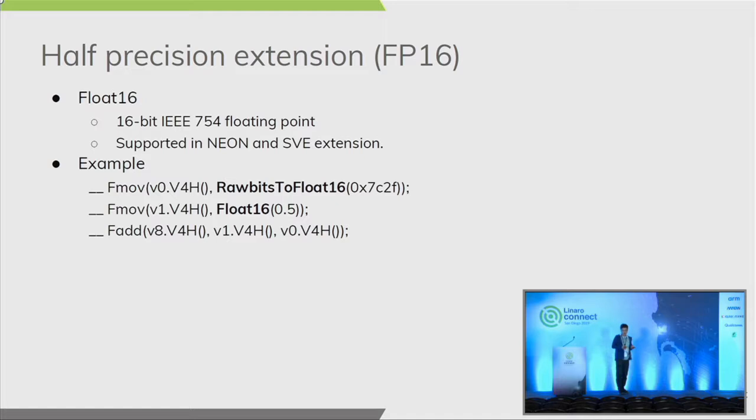We also support FP16 in VIXL on the Neon and SVE extensions. To my knowledge, FP16 is widely used in quantized deep learning models. We also provide a utility to let users easily construct an FP16 representation like that.